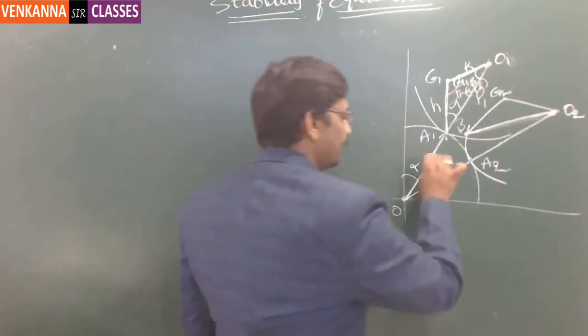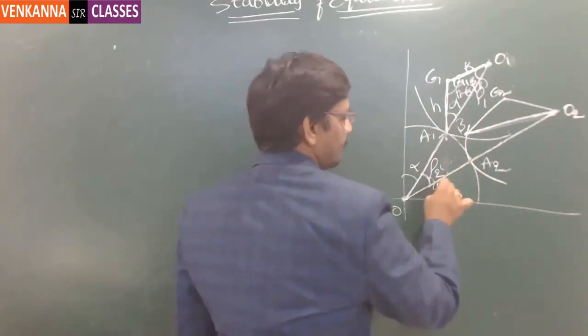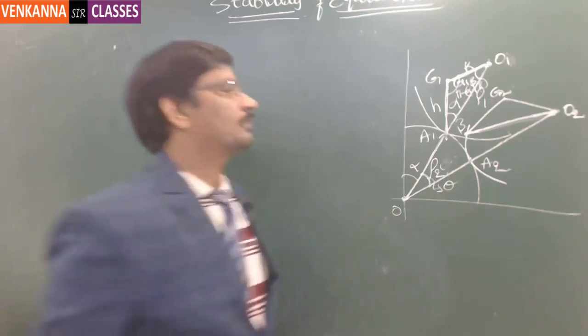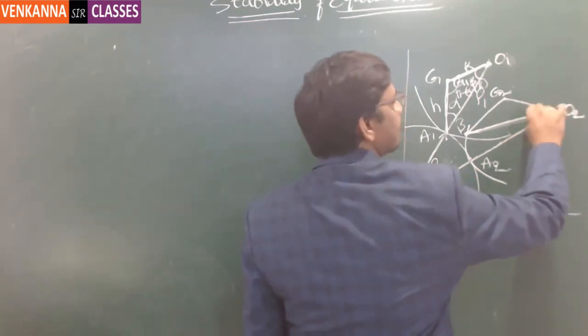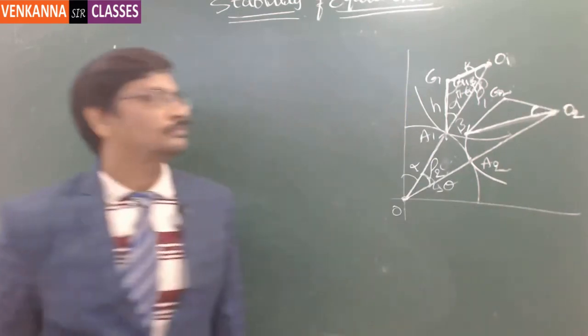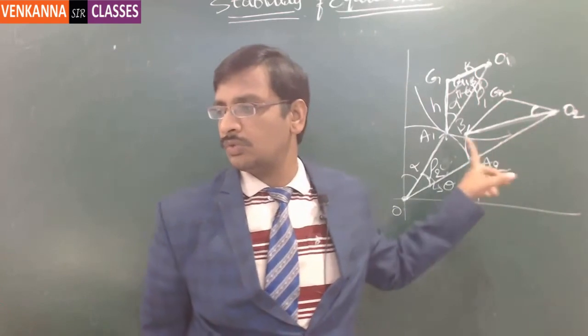Let us say it is slipped for an angle of theta. This angle is theta. And then what will be this angle? What will be this angle, G2 O2 B?